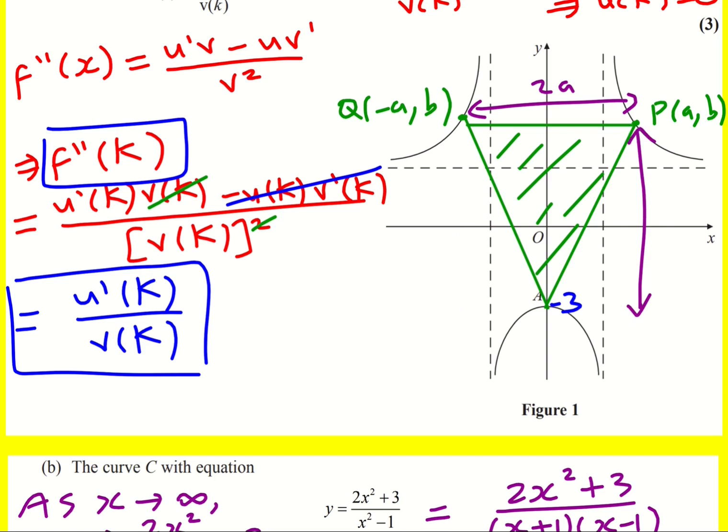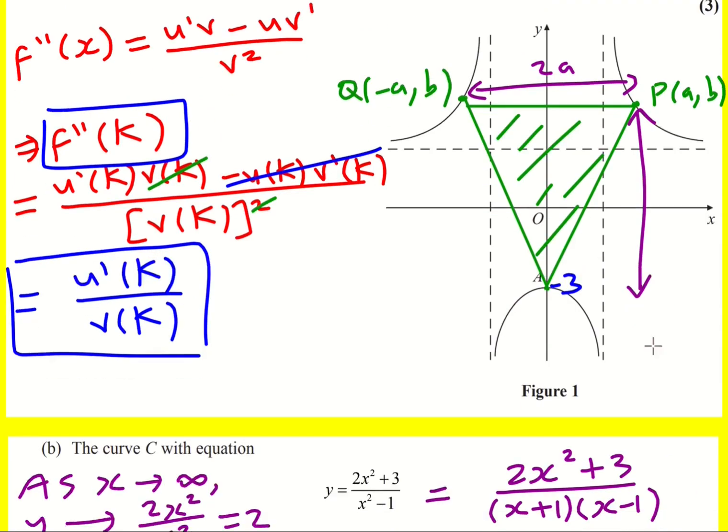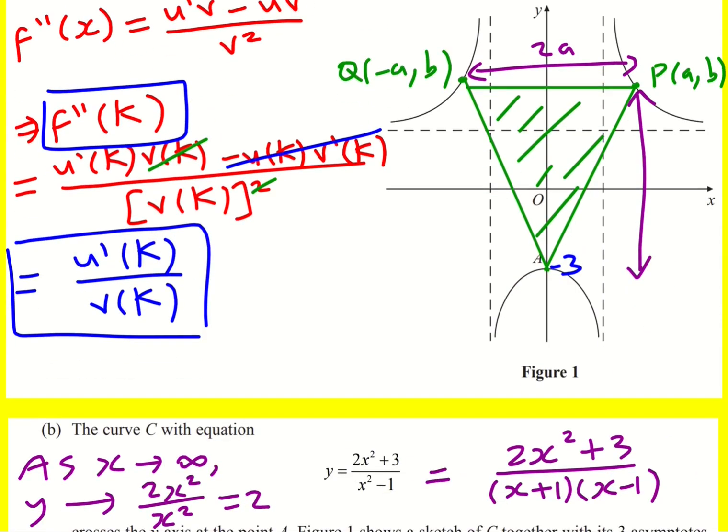Well, I know that this is minus 3. So I can actually work out what the value of b would equal because I can substitute it in to here. So b must equal 2a squared plus 3 divided by a squared minus 1.